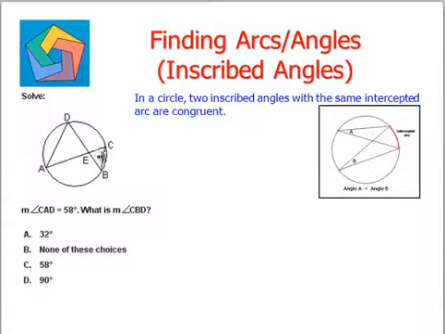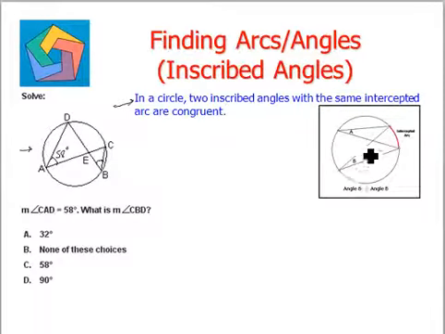Solve. Here we are given a circle. Measure of angle CAD is 58 degrees. What is the measure of angle CBD? That is this angle. Now we'll use another property. In a circle, two inscribed angles with the same intercepted arc are congruent.